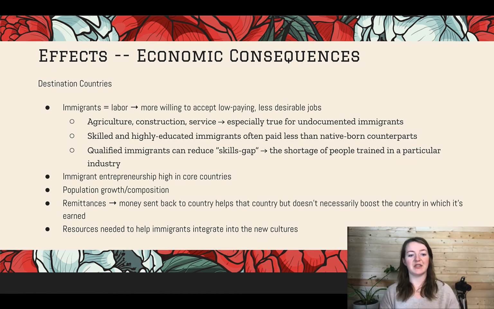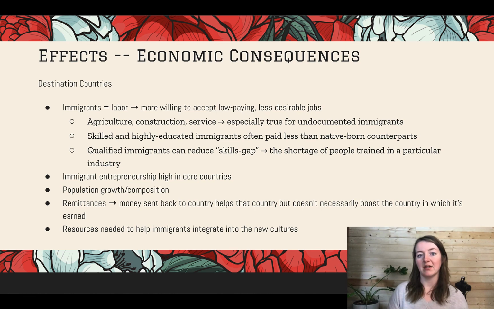Immigration changes the population growth and composition of the destination country as well. So we can see a lot more growth if we don't see a natural growth of the United States in particular. We know that most of our growth comes from immigration rather than the natural increase rate.